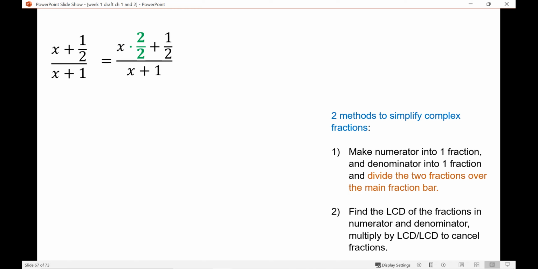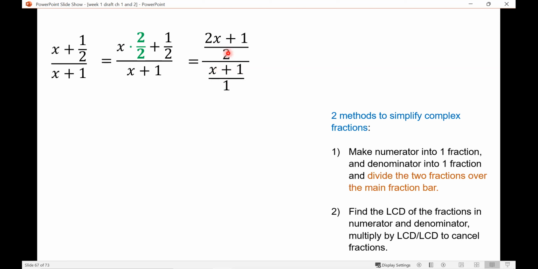And remember, we're just looking at this x plus 1/2 piece. Common denominator is 2. So we say that's 2x over 2, and we can add them together. So now our numerator is a single fraction, 2x plus 1 all over 2. And our denominator is all a single fraction, x plus 1 over 1.